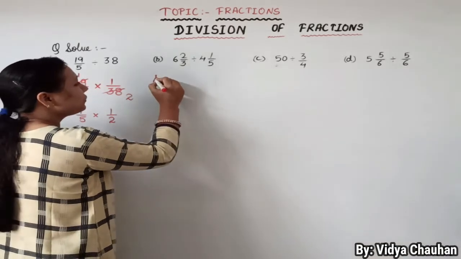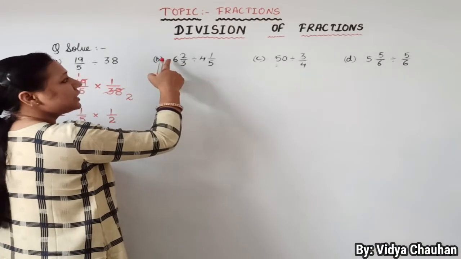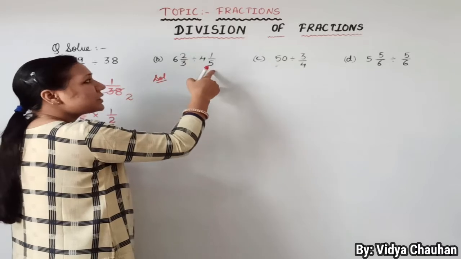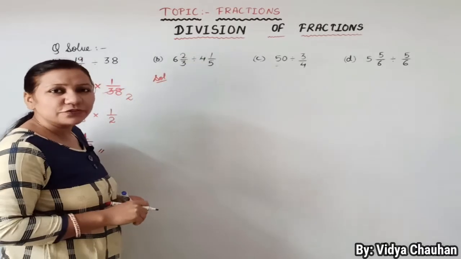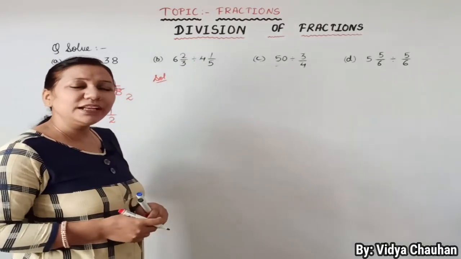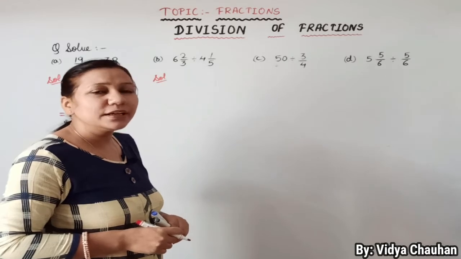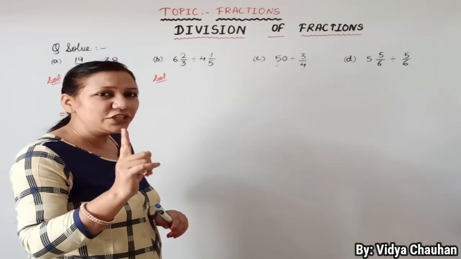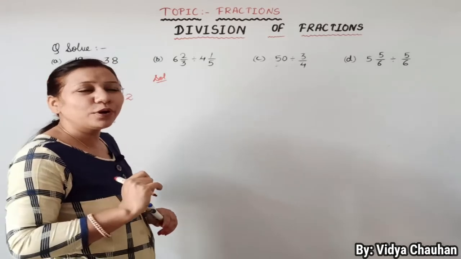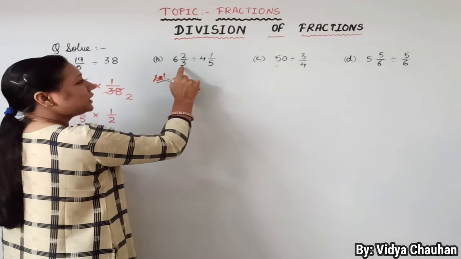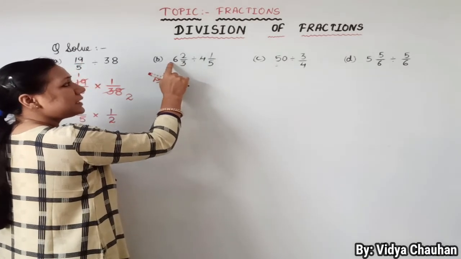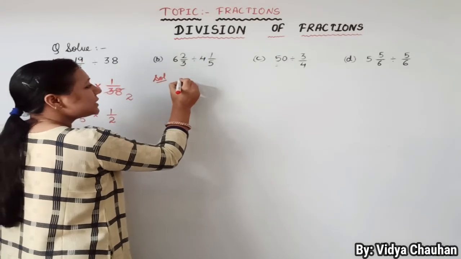Coming up to the solution of the second part, in which there are 2 mixed fractions and we have to divide these 2 mixed fractions. So what is the rule when the numbers are mixed fractions? Yes, very first, change the mixed fraction to improper fraction. So let us convert it into improper fraction. 3 6s are 18 plus 2 is 20.